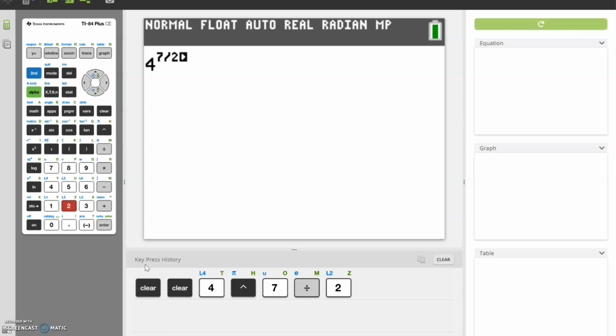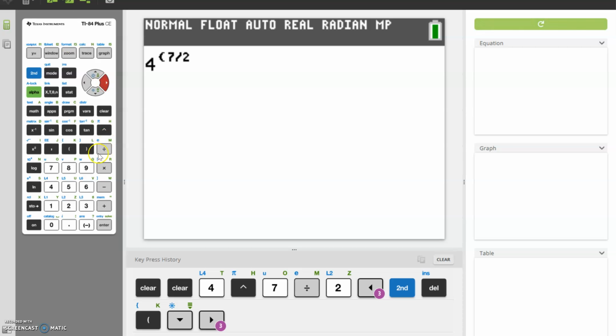What I want everyone to be aware of is that if you have an older version of the TI calculator, you might actually see this caret symbol on your screen right after the 4. If that is the case, you need to do a little something extra. After your caret key, make sure that you put your fraction in parentheses.